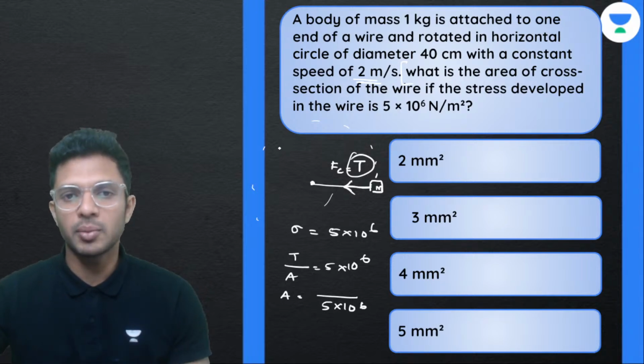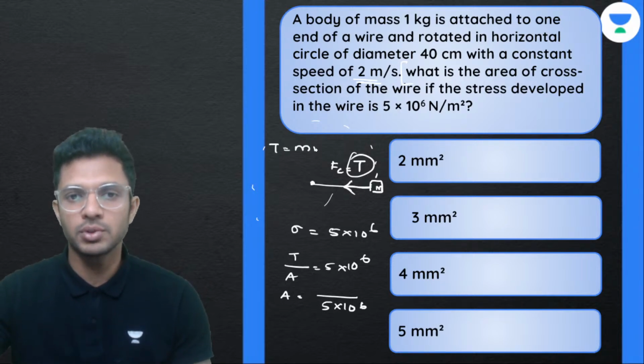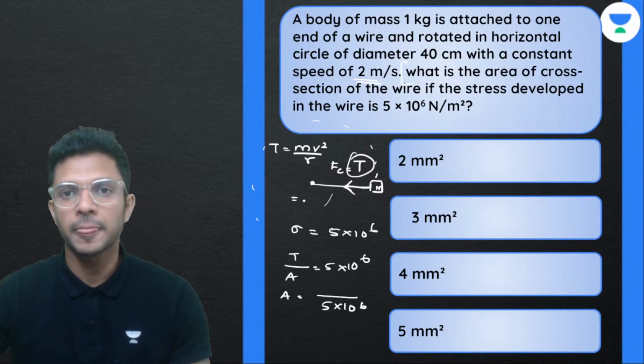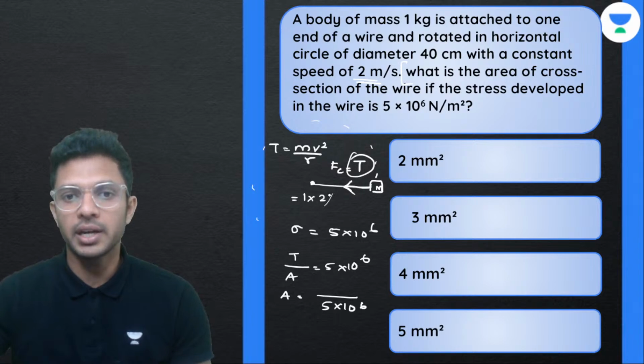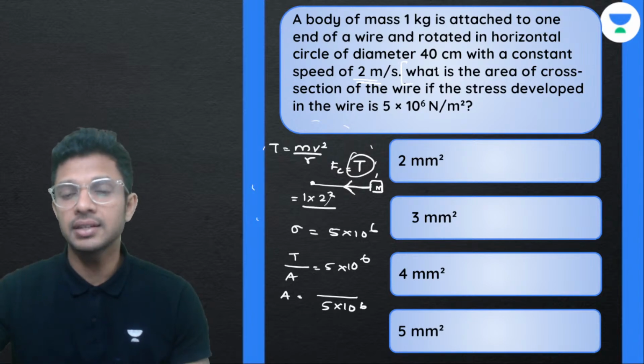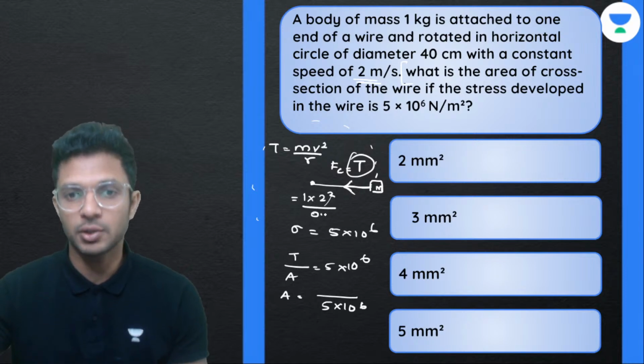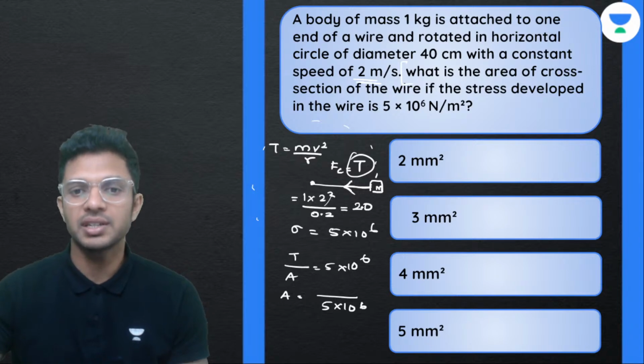And what is the formula for tension? Centripetal force, which is mv square by r. How much is m? Mass is 1. Its speed is 2, so 2 square. R is radius. Diameter is 40, radius is 20 centimeter or 0.2 meters. 4 divided by 0.2, 40 by 2, which is equal to 20.